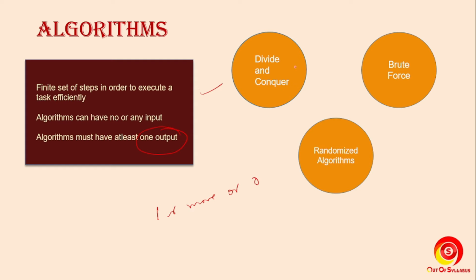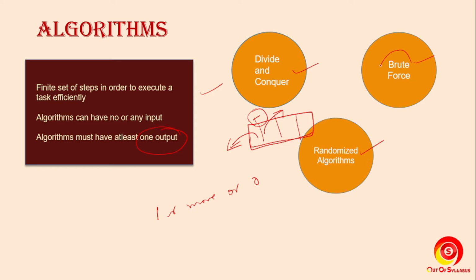So these are different types of algorithms. Some of the types are given here: divide and conquer, brute force, and randomized algorithms. There are various other algorithms which can be referred to. A divide and conquer algorithm works in such a way that the problem in consideration is divided into small parts. Each part is solved one by one, and then finally it is merged to form the final result.